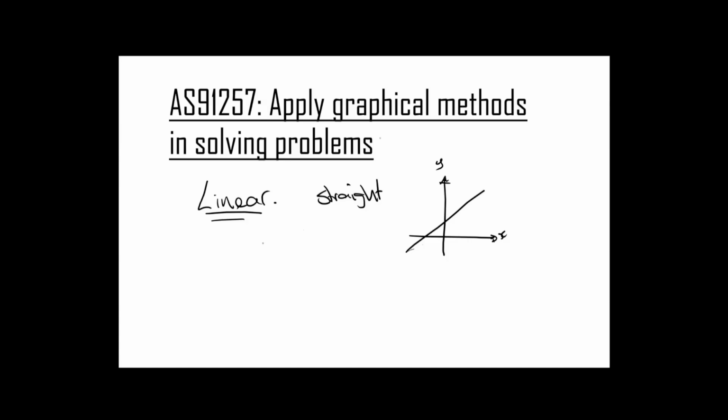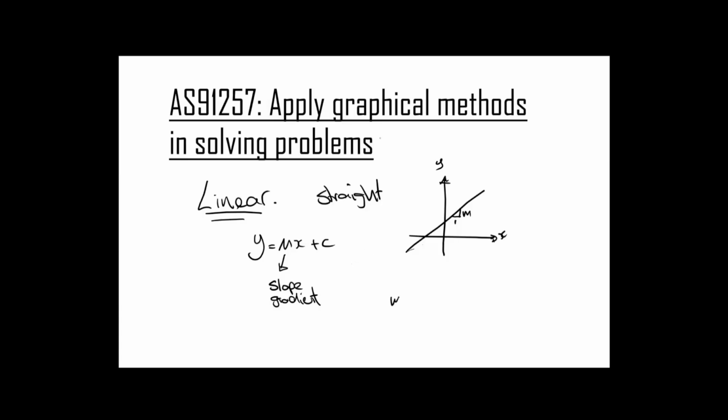The classic way of expressing this as an equation is y equals mx plus c, where m is the slope or the gradient of the line. I do a whole bunch of these, but you should know these pretty much off by heart.